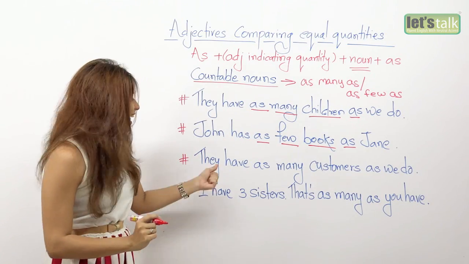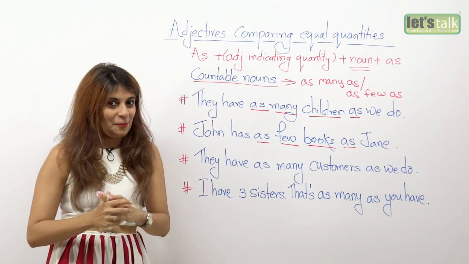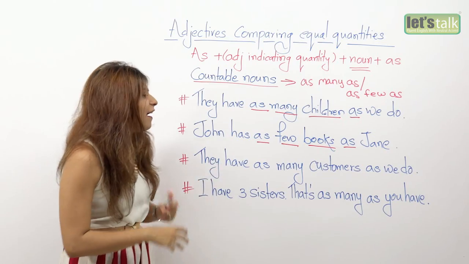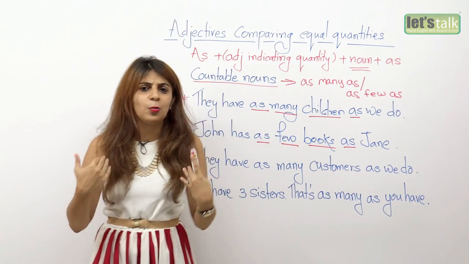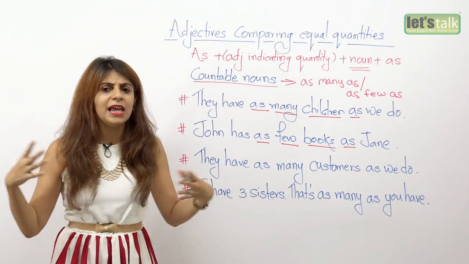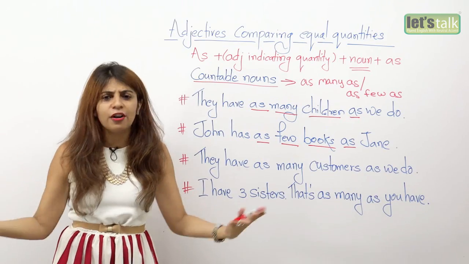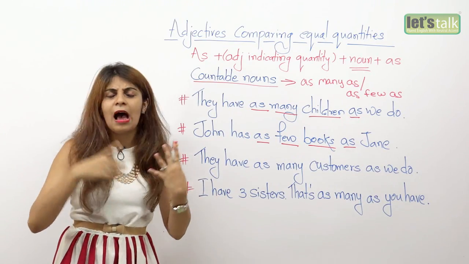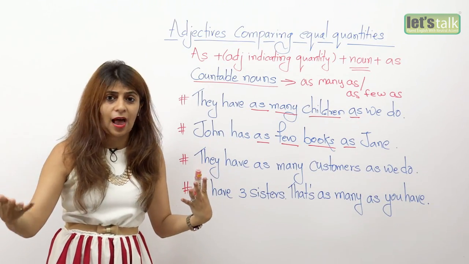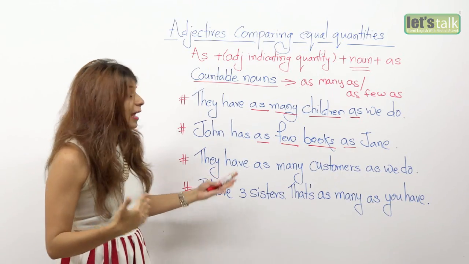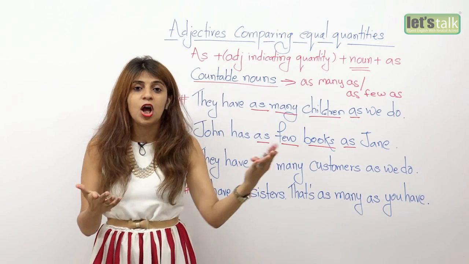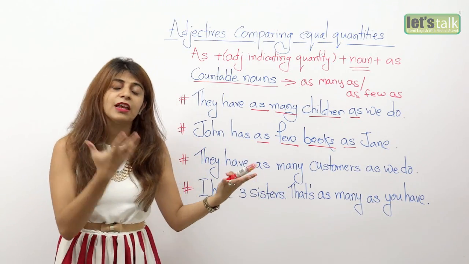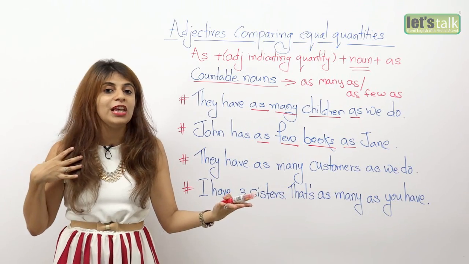All right? Let's have a look at the third example here. They have as many customers as we do. So we are a big company and we have a lot of customers. We can count the number of customers or clients that we have. But guess what? Even our competitors have an equal number of customers as we do.